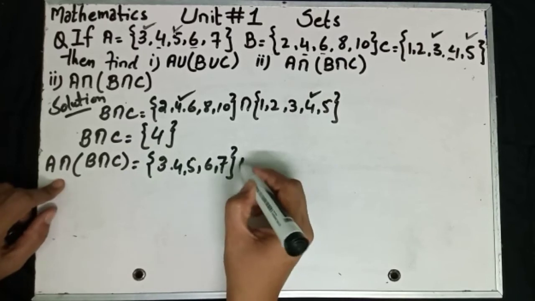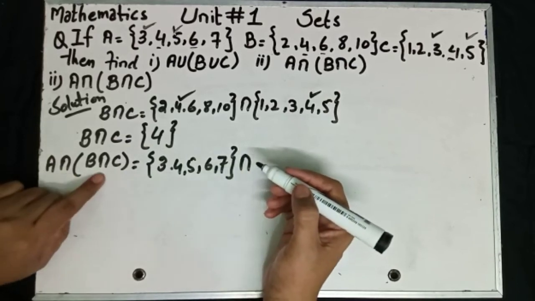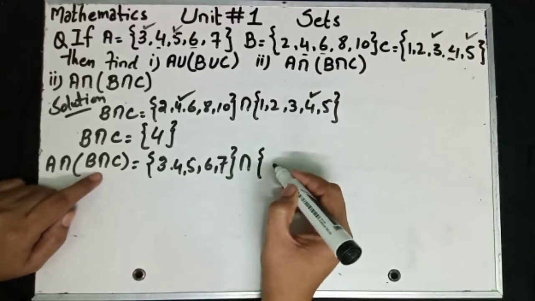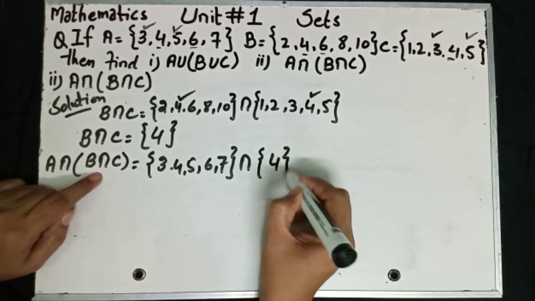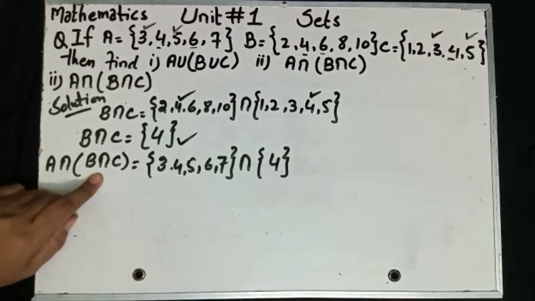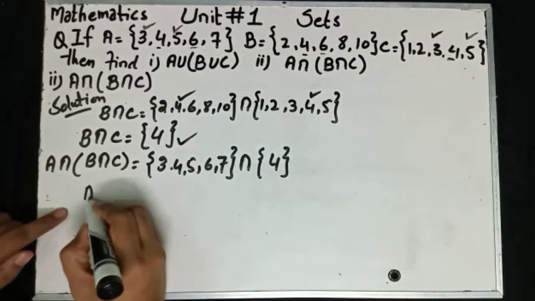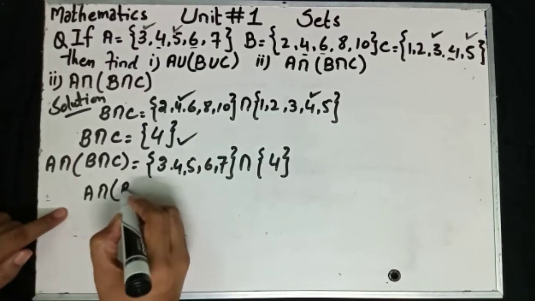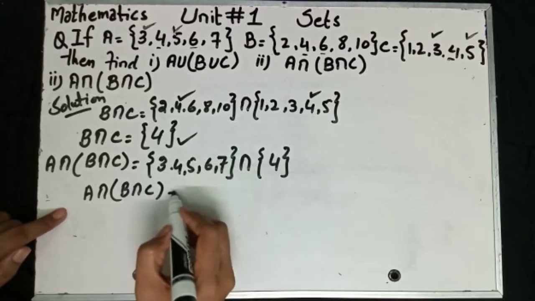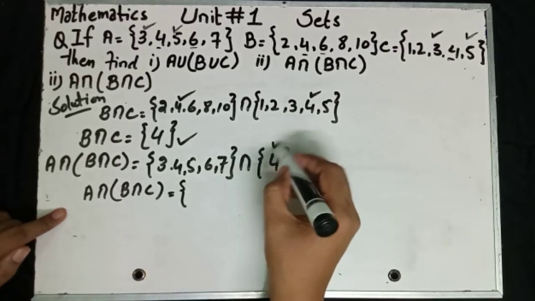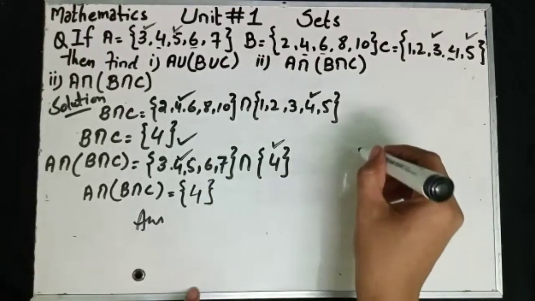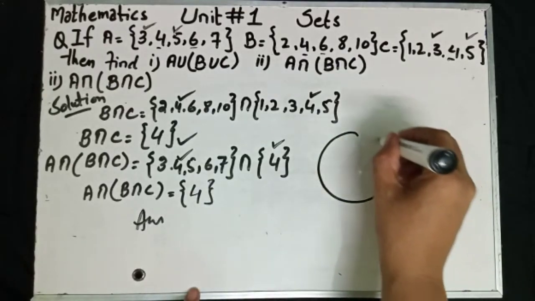Put intersection sign, then write down the answer of B intersection C, which is 4. Now find A intersection B intersection C: just take out the common element. 4 is the common element between them. So you can see. Now we draw the Venn diagram.